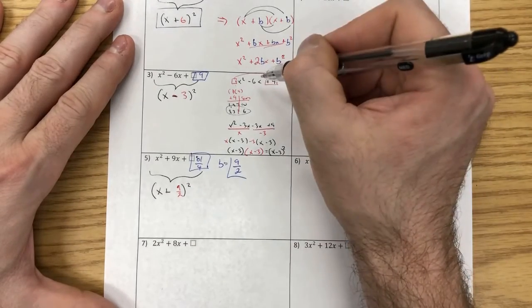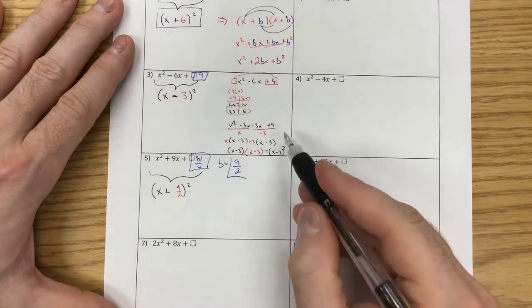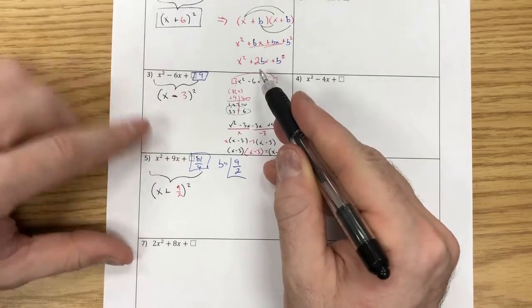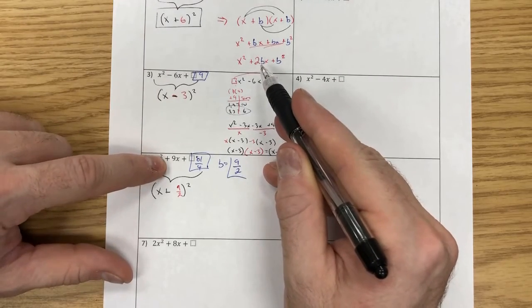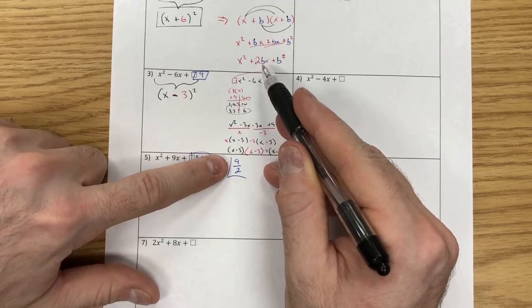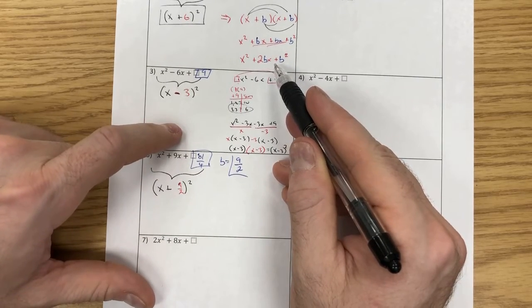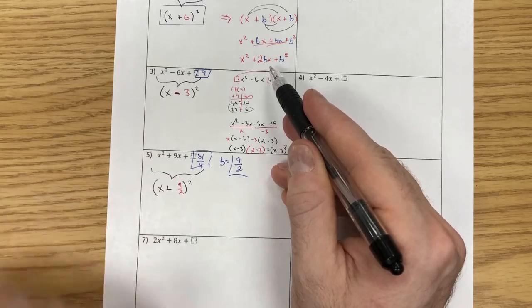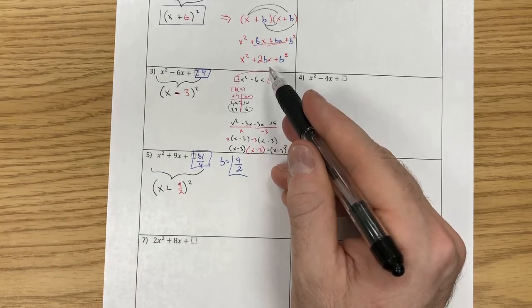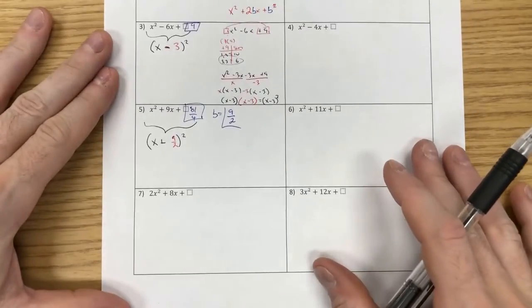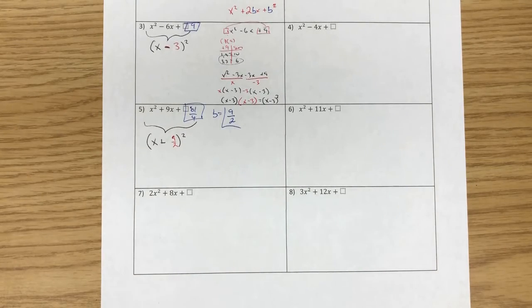We don't need to prove that we can factor it. We just say, hey, I know that if 9 is twice my b, half of 9 is 9 halves. Let's square it, 81 fourths, so therefore I can factor this in one step. Perfect. And so we can do that with literally any quadratic if we want to convert it into vertex form.